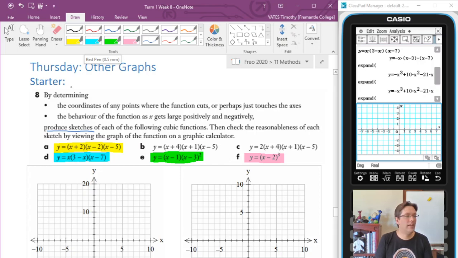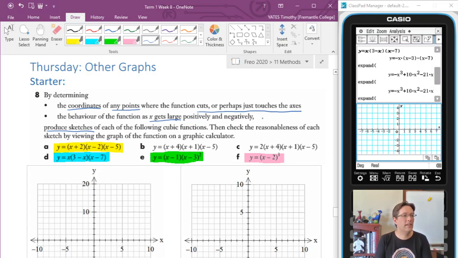In this particular case, we are covering the coordinates of any points where the function cuts or perhaps just touches the axes. And we're going to be looking at the behavior of the function as x gets large, positively and negatively. Now, this has a particular way that it's written out in mathematics.